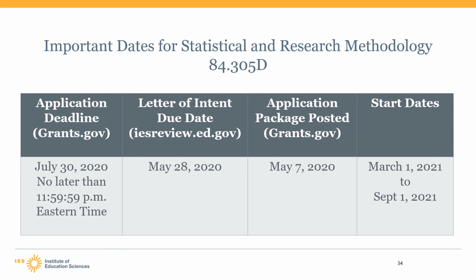Applications must be received at grants.gov no later than July 30th, 2020 at 11:59 p.m. Eastern Time. Letters of intent are due on May 28th, and the application package will be posted on grants.gov on May 7th. The possible start dates for the award are between March 1st, 2021 and September 1st, 2021.